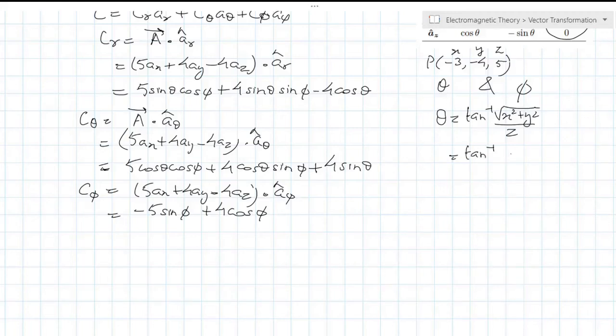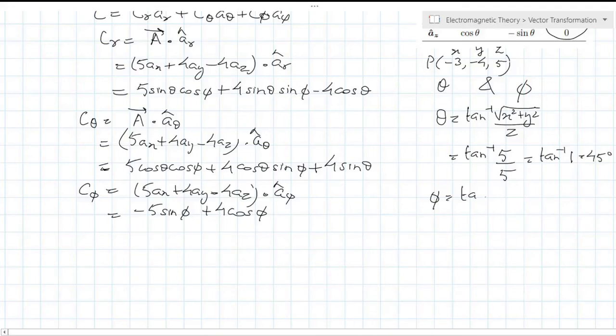So tan inverse of, x square is 3 square, that is 9, and 4 square is 16. So it will be actually under root 25 divided by z, which is 5. So the answer that we need to find out is tan inverse 1, which will be 45 degrees, and phi is equal to tan inverse y by x, which is tan inverse 4 by 3.